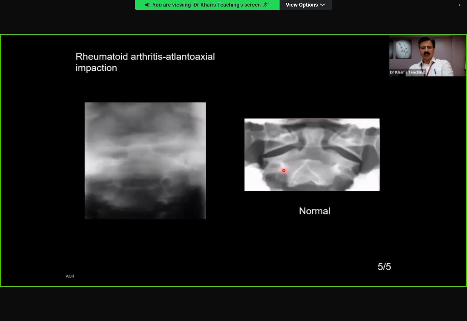So if you see here, normal anatomy is this one, where this is the dens, this is the lateral mass of C2, this is the lateral mass of C1. And in rheumatoid arthritis, just like there can be erosions of the dens, there can be erosions of this lateral mass.